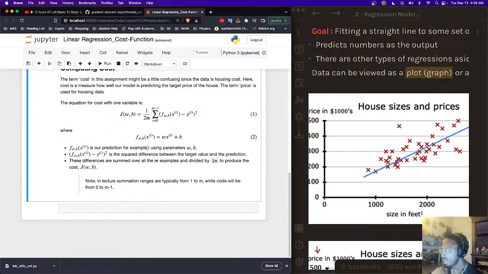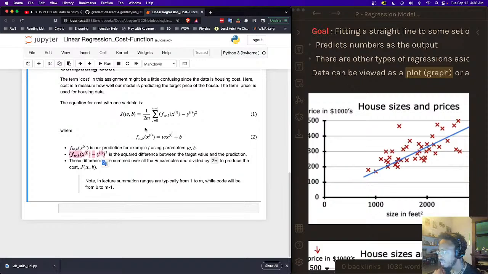So the function of x with regards to weight and bias is our prediction. That's our model for every iteration through the data set for all the x inputs.